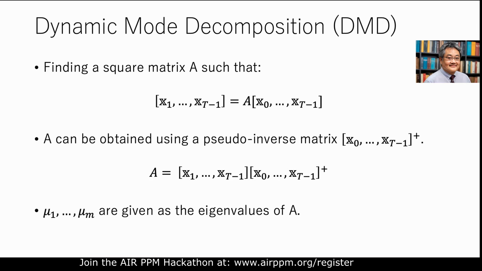Such a matrix does not always exist, but when it does, it can be computed using the Moore-Penrose pseudo-inverse. The eigenvalues of this matrix, denoted as mu_1 to mu_n, are precisely the eigenvalues of KMD.